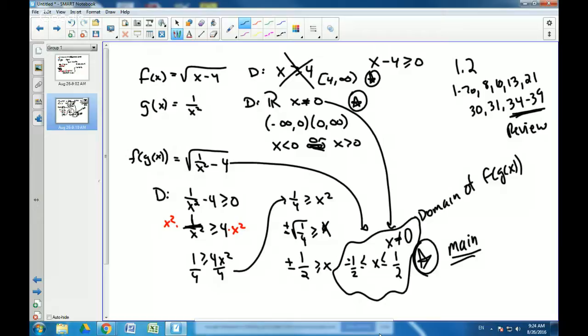F of g of x, right? G goes inside of f. If I do g of f of x, this one goes inside both of these x's.